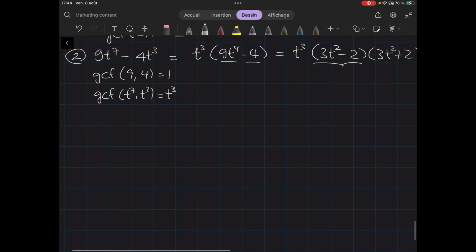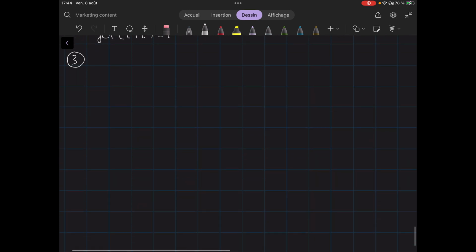Question 3. X to the 4 minus x squared minus 12. We know that this is a hidden quadratic, and we are going to split this term in the middle so that we can group the two terms together. We need to find two numbers that multiply to -12 and that add up to -1. So we can use -4 and 3.